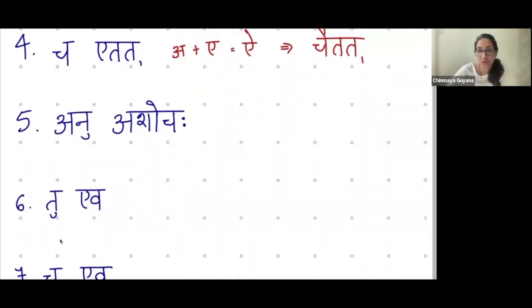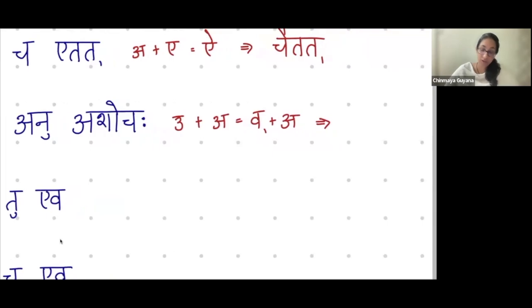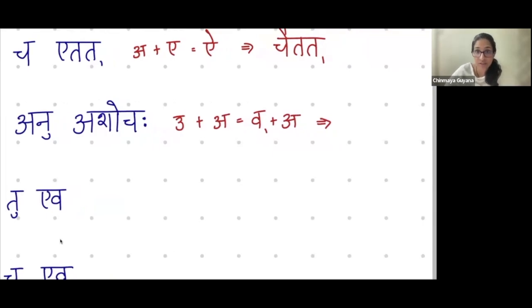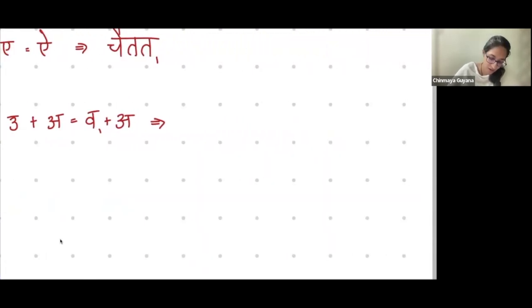Anu ashochaha. U plus A equals Va halant plus A. And that's going to become, so the Nu is going to become Na halant. I'm going to write this one out actually.